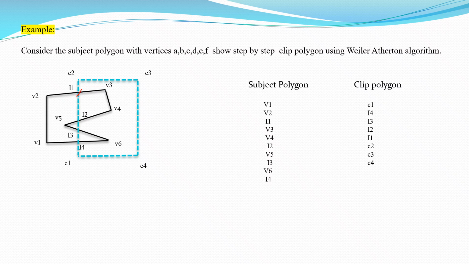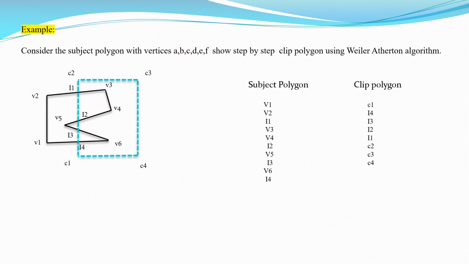Okay, first, where does it start? The polygon will start with V1, V2, right? So we have to write down the subject polygon in a clockwise direction: V1, V2, then this edge will be going to V3, right? So in the middle it has an intersection point that I have assigned as I1.